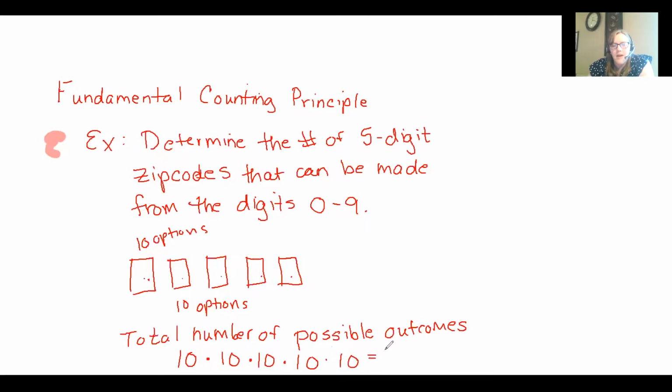So technically we have 10 to the 5th power, which gives us 100,000. So there are 100,000 5-digit zip codes that can be made from the digits 0 through 9.